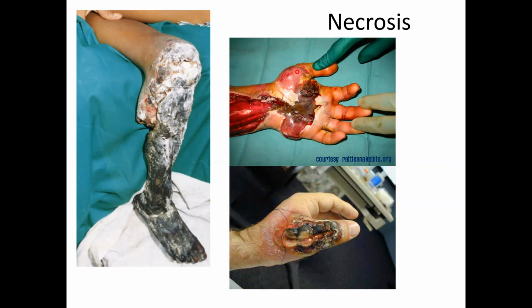Now this is not necrosis out here. That is surgically, intentionally done. That is called a fasciotomy. The suffix otomy means surgical incision into, and fascia refers to the tissue between the skin and the muscle. As that rattlesnake bite venom destroys cells, your immune system responds with inflammation, especially in the extremities.